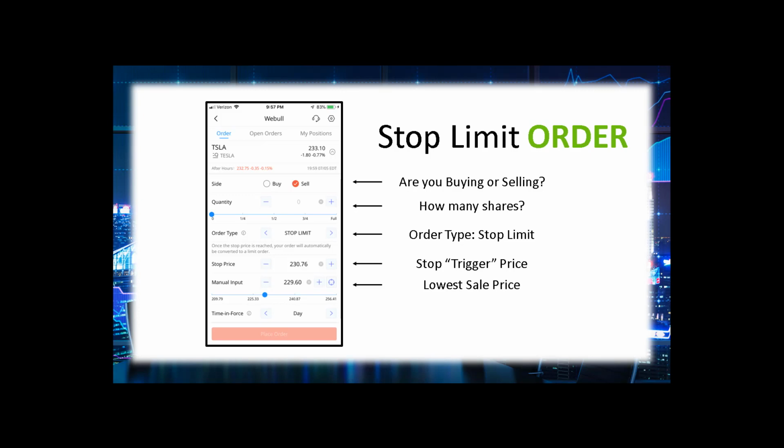If the share prices are still trading above $229.60, then you'll probably get filled pretty quickly. If your order is not filled and the share price drops below $229.60, then you will not get your execution on this order.